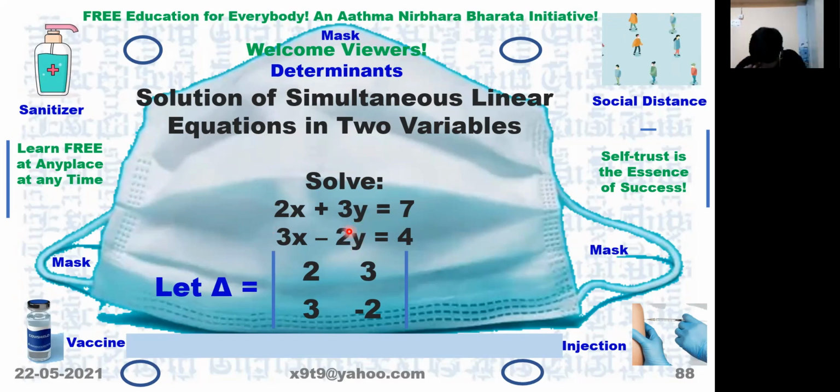Then after the equal to sign, these numbers are there. Then when you write delta, you write the coefficients of x and y here. So 2 you write here, 3 here, this 3 here, and this is minus 2 here.